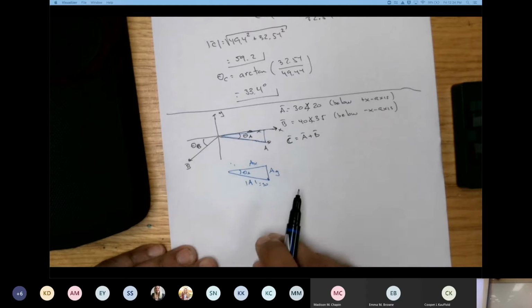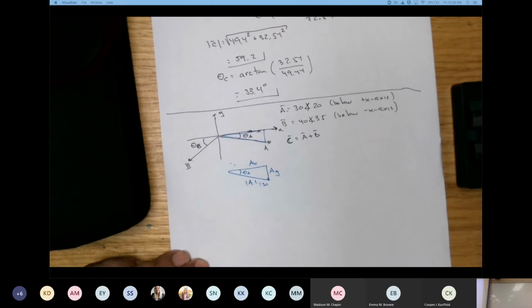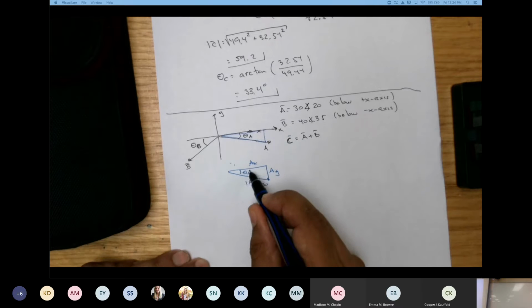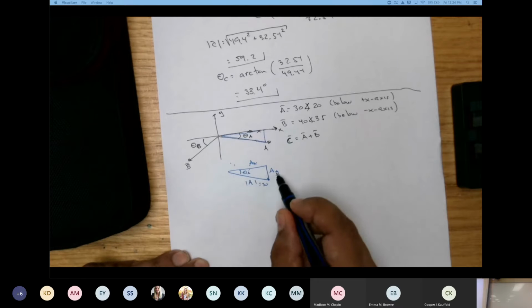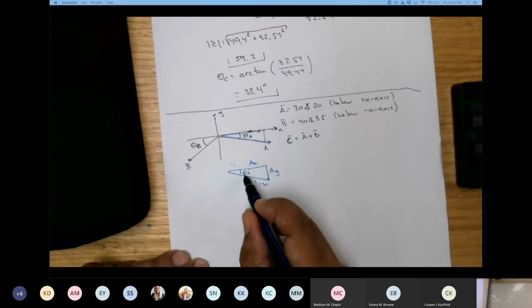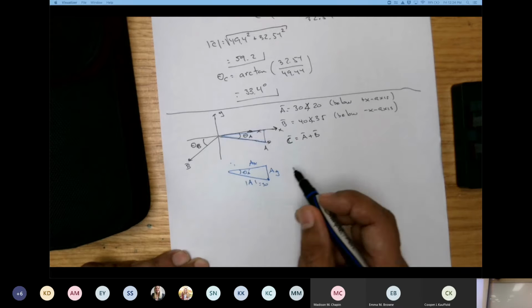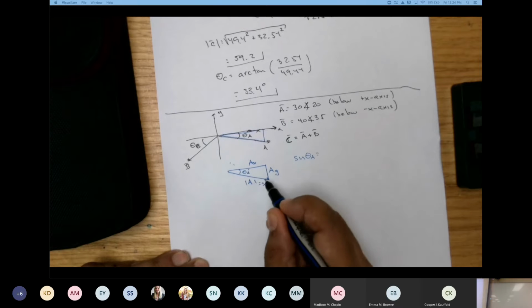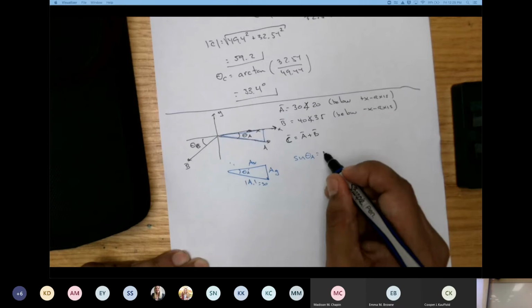Okay. So the x component is the adjacent side to the angle, and the y component is the opposite side of this angle. So I'm gonna say, okay, sine of theta A is the opposite over the hypotenuse, so delta y over the hypotenuse.